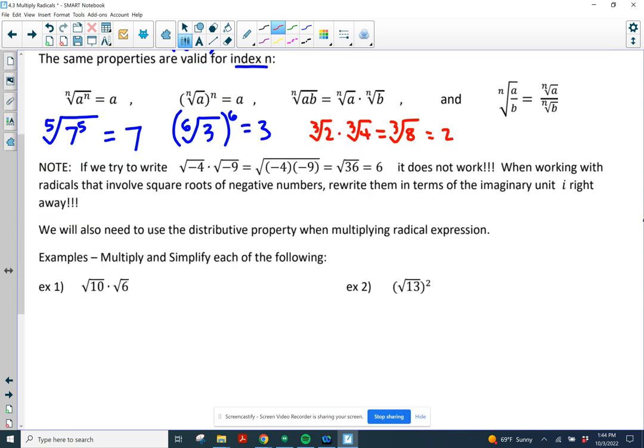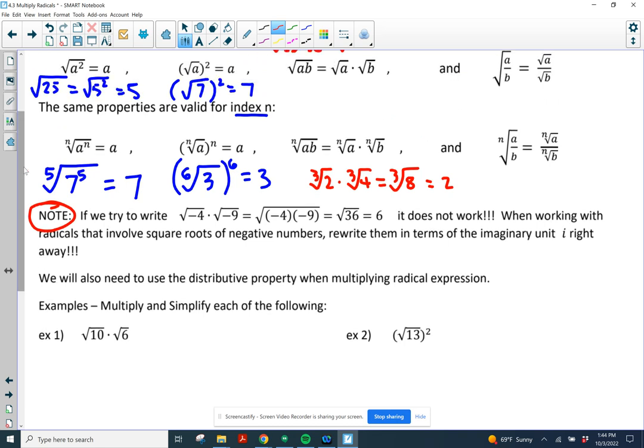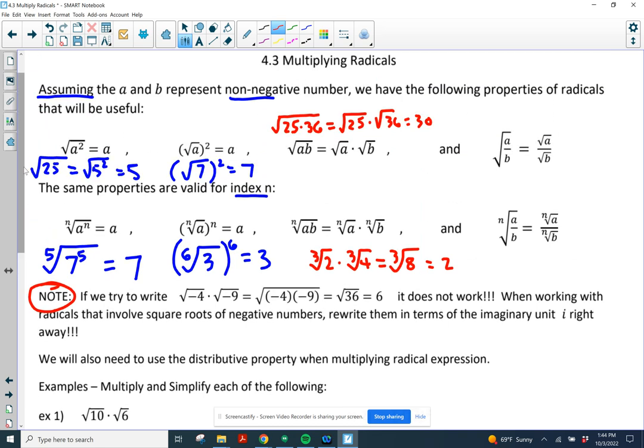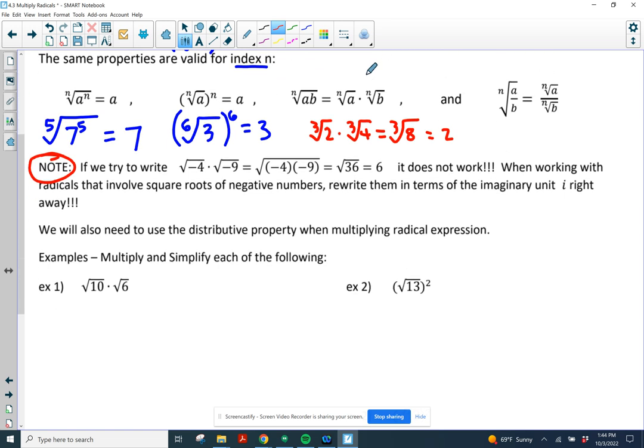Okay, now there's a special note here that I want you to look at. What we had up above said A and B are not negative. So if we try to do these same things with square roots of negatives, it doesn't always work.